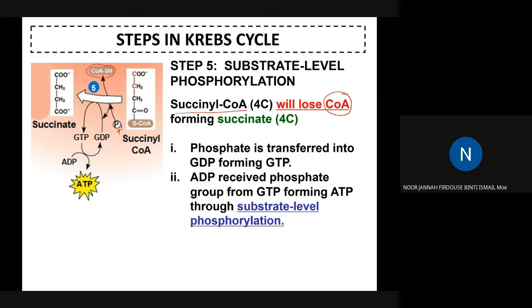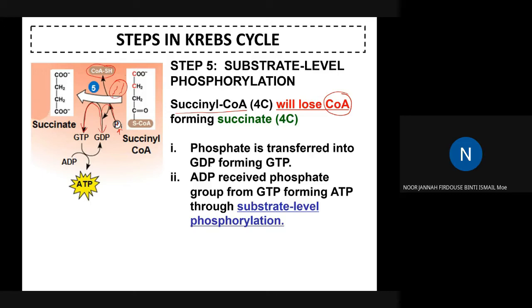The phosphate inorganic ni dia macam attach sekejap dengan proses ni sebab apa? Semasa succinyl CoA, during the release of coenzyme A from succinyl CoA, it releases energy, right? Energy is released. So this energy is used to bind phosphate inorganic towards GDP. So we can say that GDP receive phosphate to form GTP.